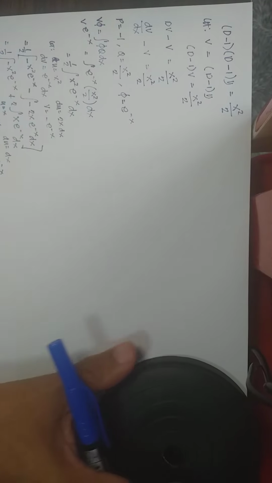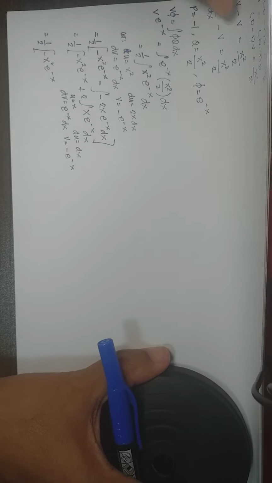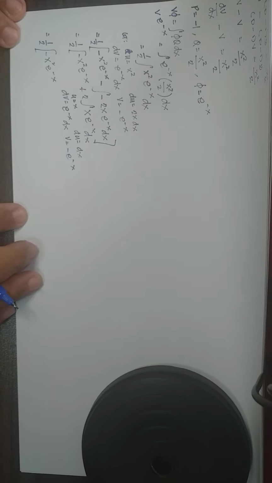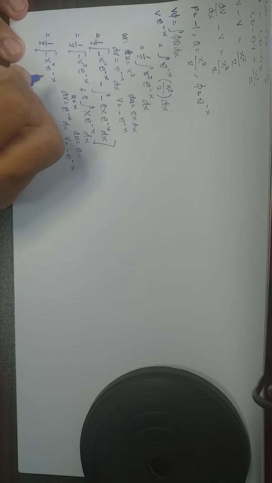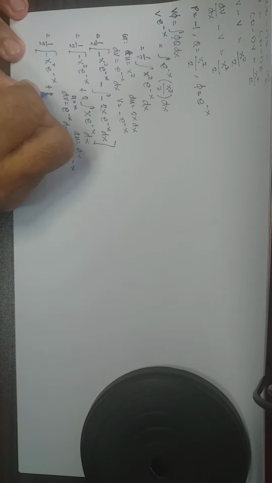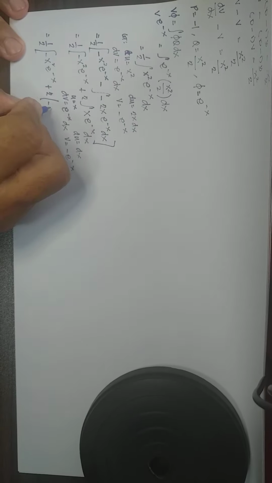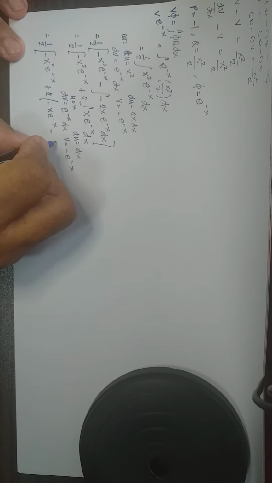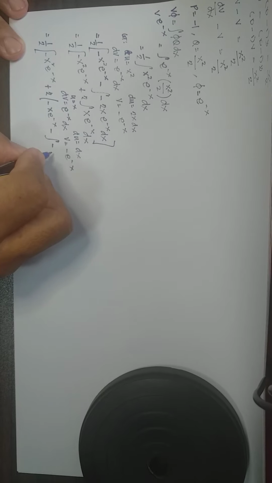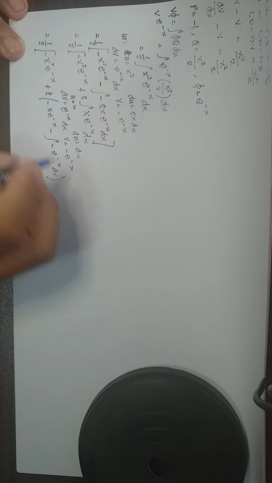Okay? Hindi nakita. Yan. E to the negative x plus 2 times negative x e to the negative x minus the integral of negative e to the negative x dx.